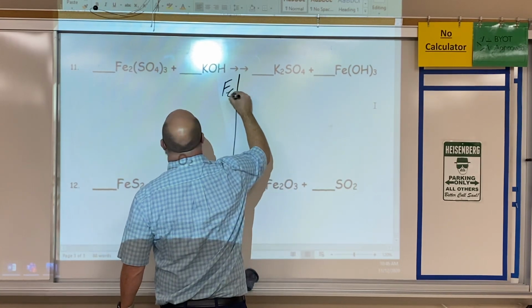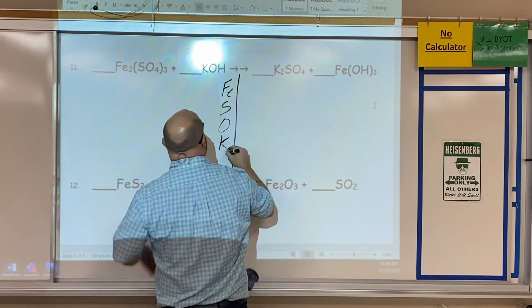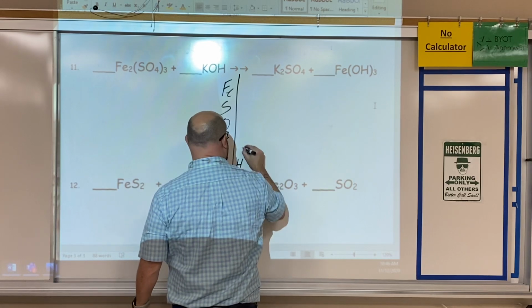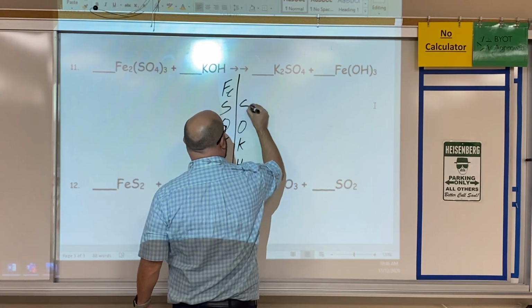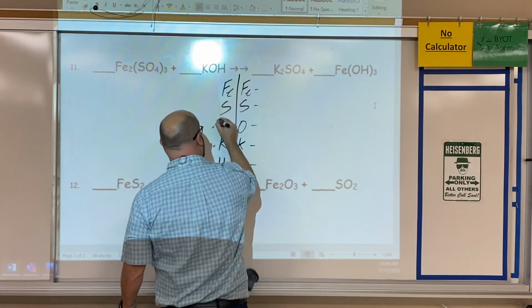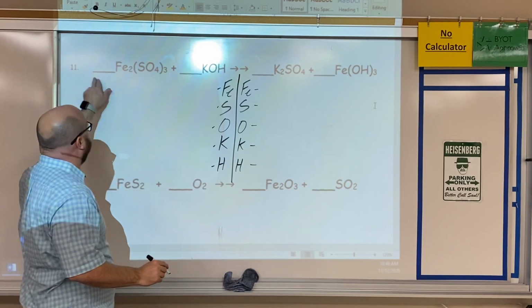Iron, sulfur, oxygen, potassium, we already have oxygen, hydrogen, 5 elements. Now let's go count them.